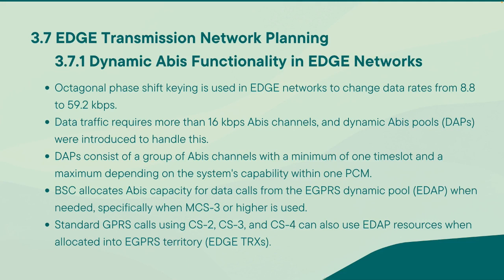So what is EDAP? EDAP refers to the group of dynamic Abis that is allocated by the base station controller for the H data cell, when it needs a specific channel using CS3 or higher.